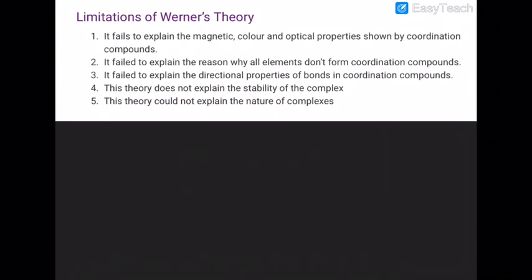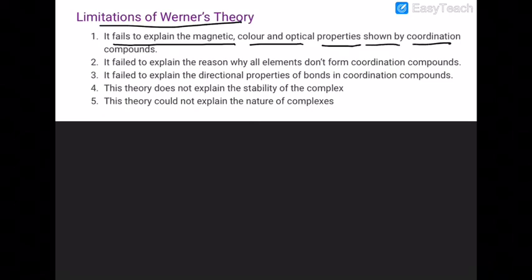Now look at the limitations of Werner theory. The limitations show that it fails to explain the magnetic, color and optical properties of coordination compounds. It successfully explains the electric property of the compound. Remember that. It failed to explain why all elements do not form coordination compounds.